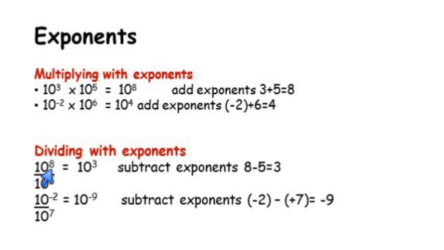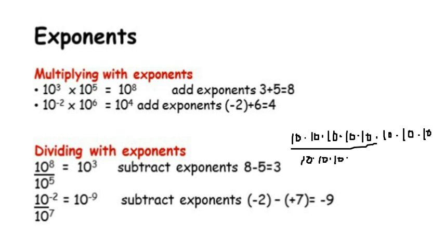If you have 10 to the eighth, and again, 10 to the eighth would be 10 times 10, 8 times, divided by 10 to the 5, if you would cancel these out, we would have 10 to the third power.